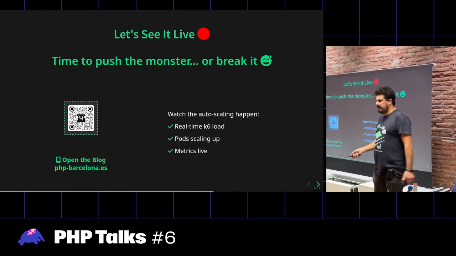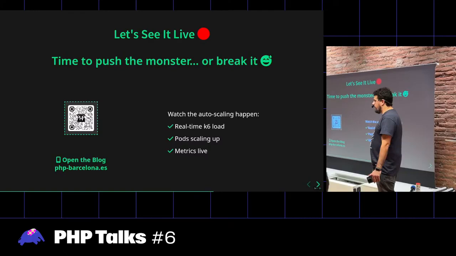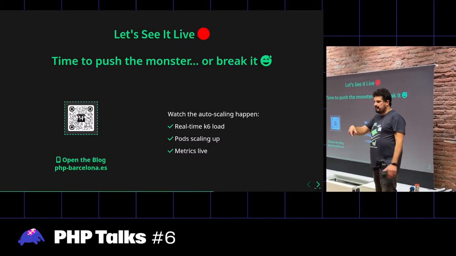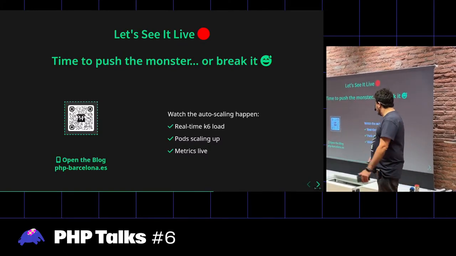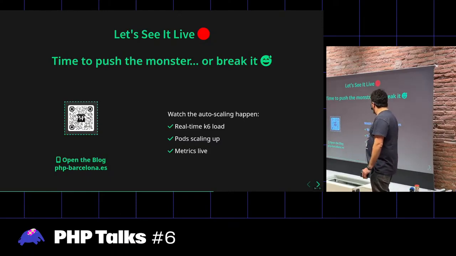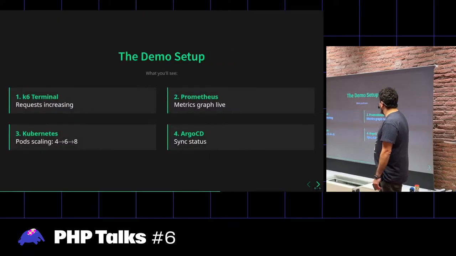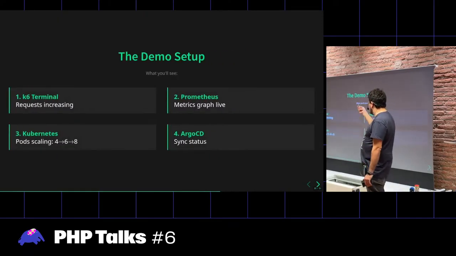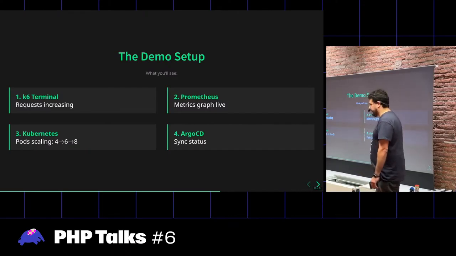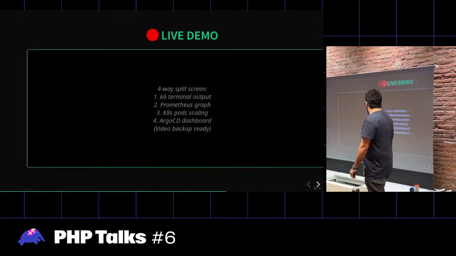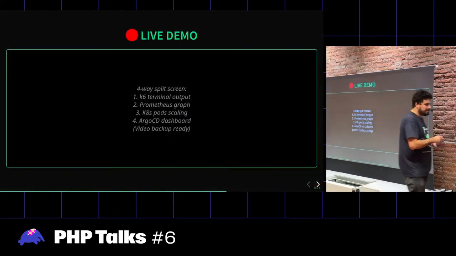It runs for 3 minutes, and I want you to visit, go around the blog, and try to navigate. Meanwhile, I am making my server suffer. What you will see here is my terminal running K6, the Prometheus metrics, pod auto-scaling, and Argo CD, where you will see how it's synchronizing everything. So let's go there.